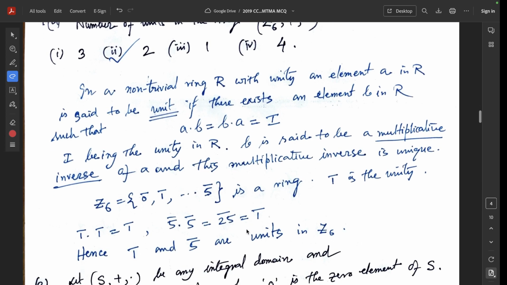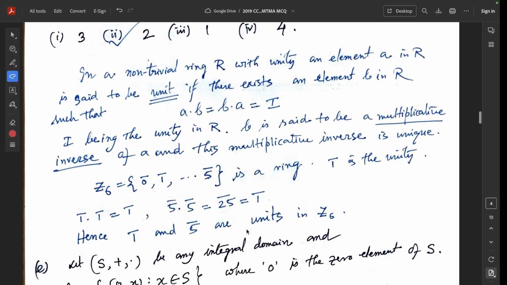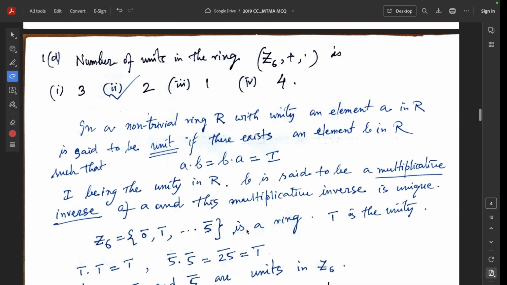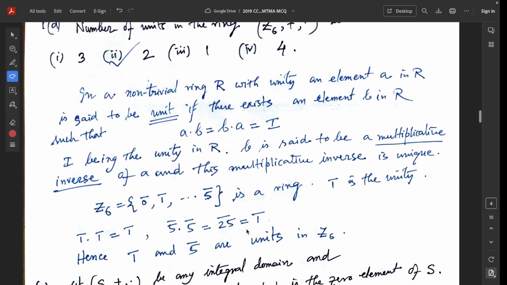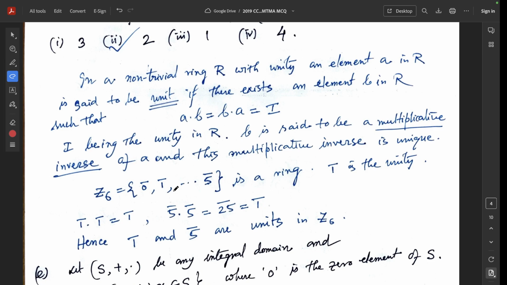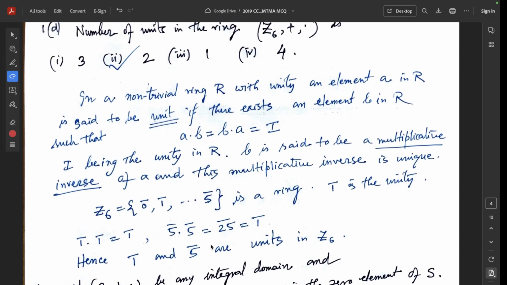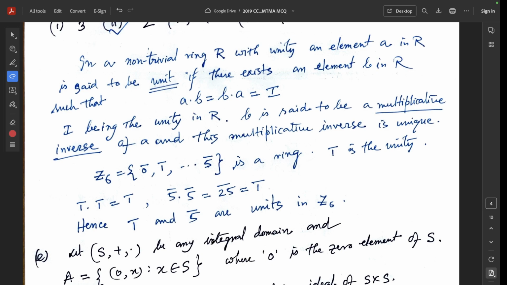Units means a multiplicative inverse exists, non-zero element. So Z6 has 2 units only, and the other elements we know, 2, 3, or you can check this. There are 2 units, class 1 and class 5.